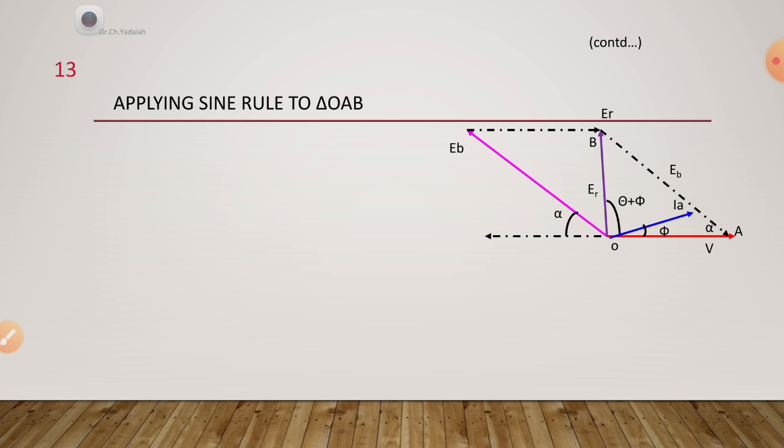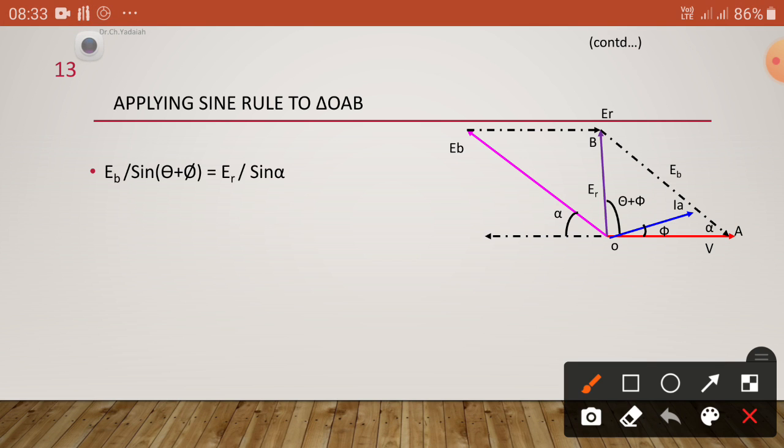Now apply the sine rule once again. Same thing, I am going to find EB with its angle, and ER with its angle. So EB by sine of theta plus phi equals ER by sine alpha.